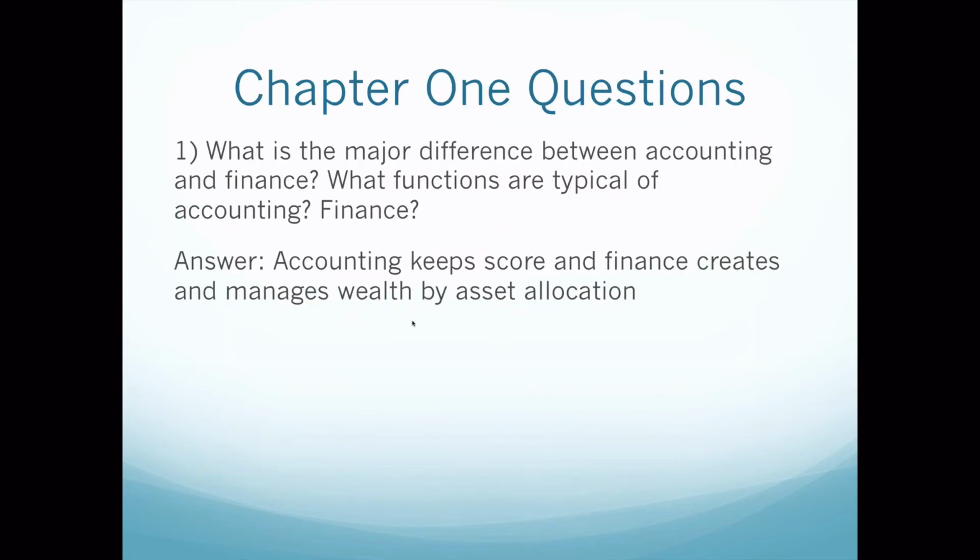All right, so the first question was, what was the major difference between accounting and finance, and what functions are typical for accounting, what functions are typical for finance? Accounting keeps score, and finance creates and manages wealth by asset allocation. So examples of accounting would be compiling financial statements, performing audits, calculating variance analysis or variances.